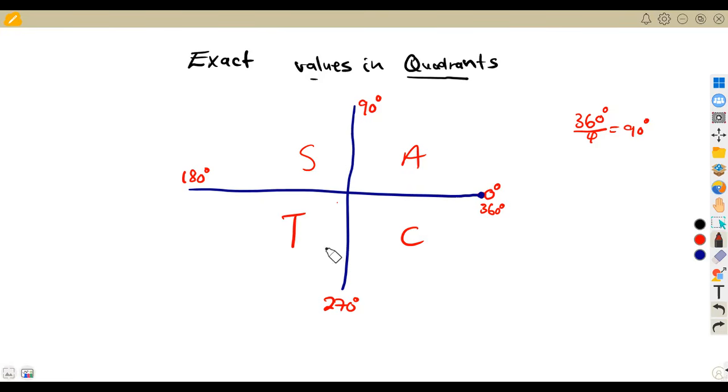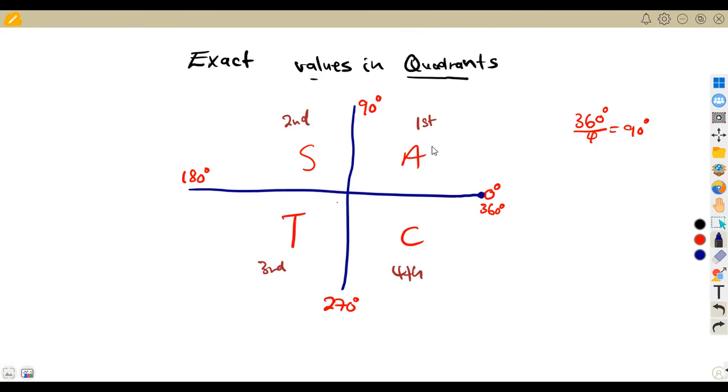These trig ratios are positive in their corresponding quadrants, starting with the A from 0 to 90 degrees, which is our first quadrant. This is our second quadrant, this is our third quadrant, this is our fourth quadrant.